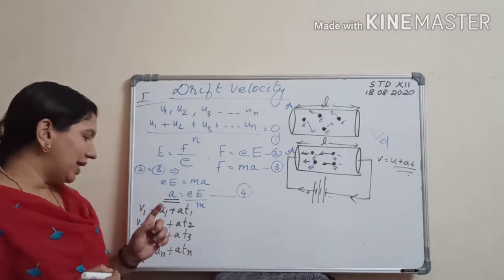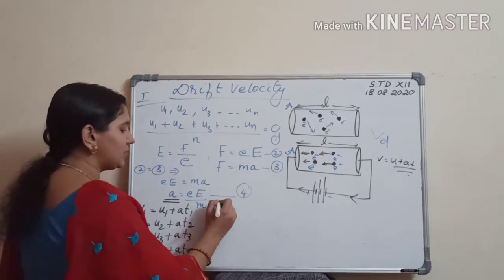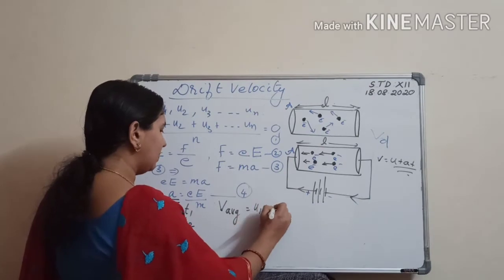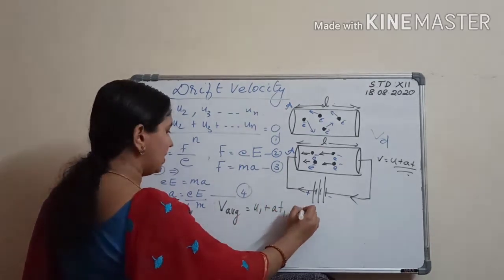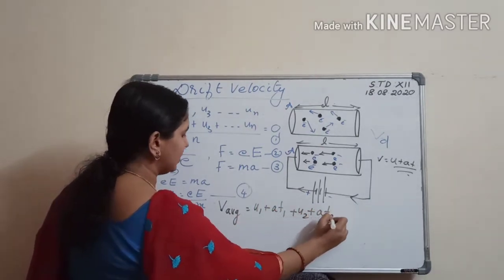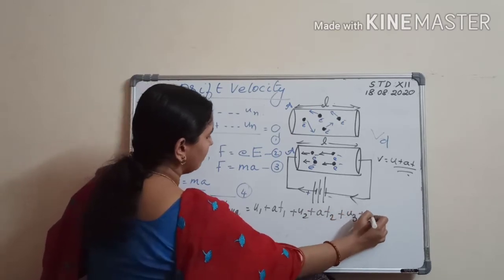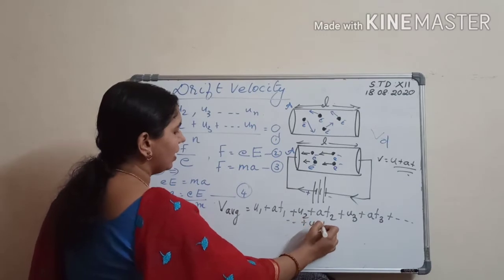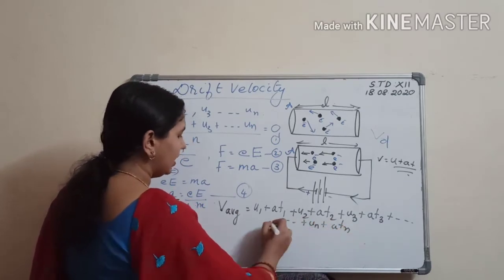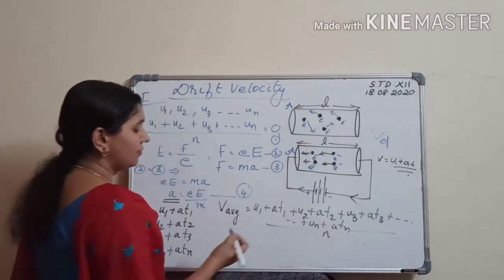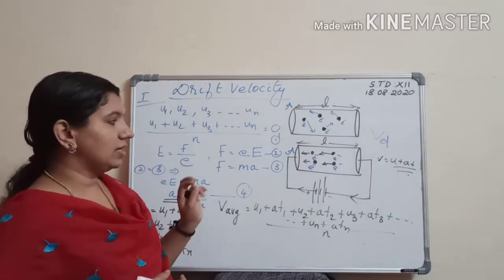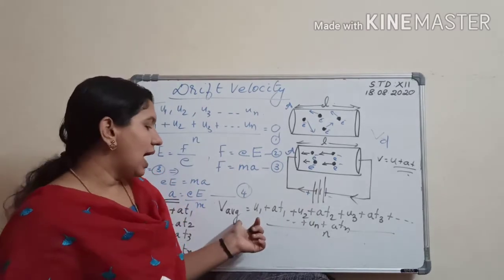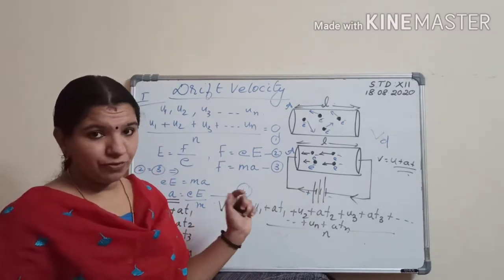Now, if I take the v average, what expression do I get? V average is equal to u1 plus at1 plus u2 plus at2 plus u3 plus at3 and so on, plus un plus atn, divided by n. If there are n number of electrons, you have to divide by n so that you get the average final velocity.